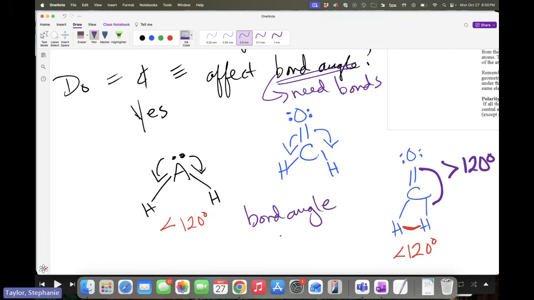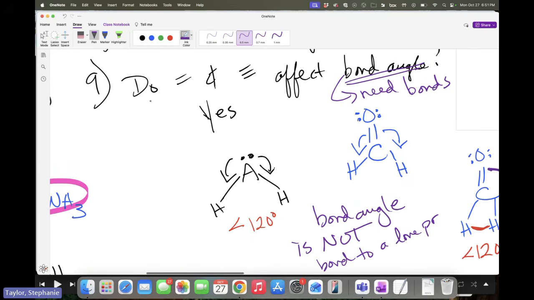You might think, technically, isn't there another angle between the lone pair and the bond? There is, but that's not a bond angle. Bond angles are in between bonds only. But yes, double bonds and triple bonds absolutely affect bond angles.